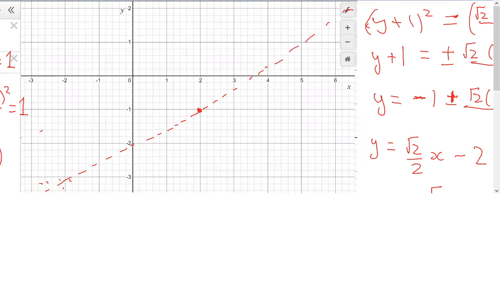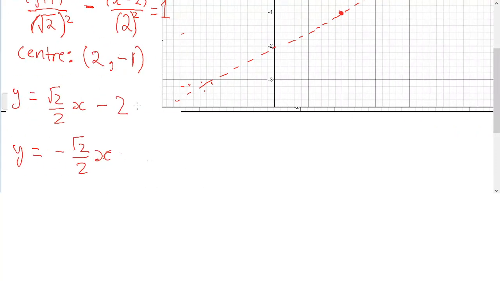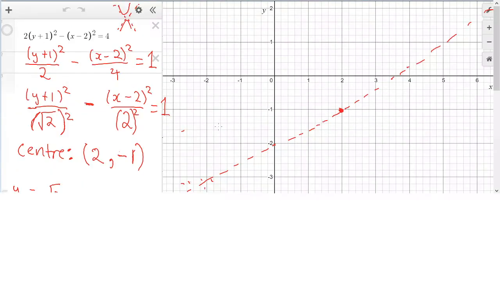And then the other one is just going to be the reflection of that through the center. So it goes through the origin because it doesn't have a c value, a y-intercept term. So it goes like this.